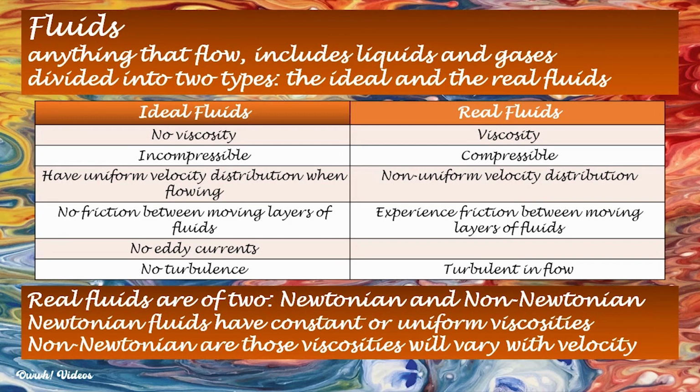Real fluids have viscosity, are compressible, have non-uniform velocity distribution, experience friction between moving layers of fluids, and are turbulent in flow. Real fluids are of two kinds, Newtonian and non-Newtonian. Newtonian fluids have constant or uniform viscosity; non-Newtonian fluids are those whose viscosity varies with velocity.